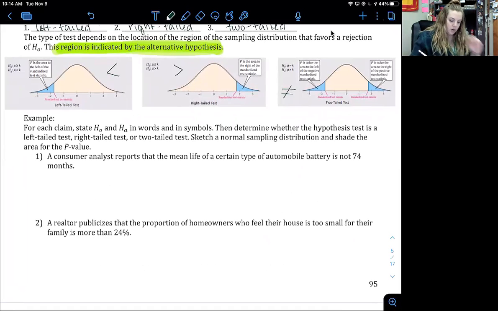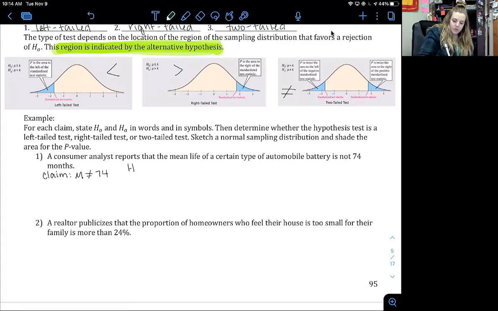Okay. So a consumer analysis reports that the mean life of a certain type of automobile battery is not 74 months. So our claim is that the mean, mu, is not equal to 74. So we need to say, is this our null hypothesis or our alternative hypothesis?